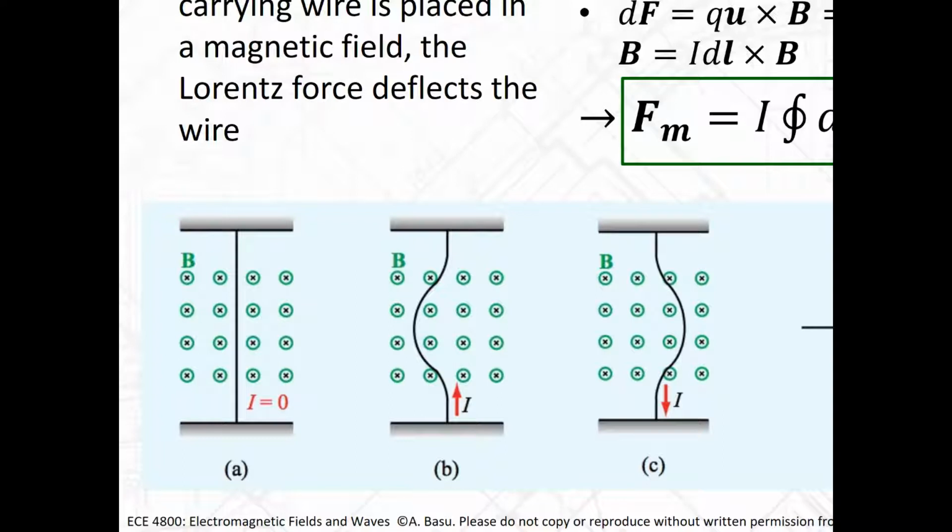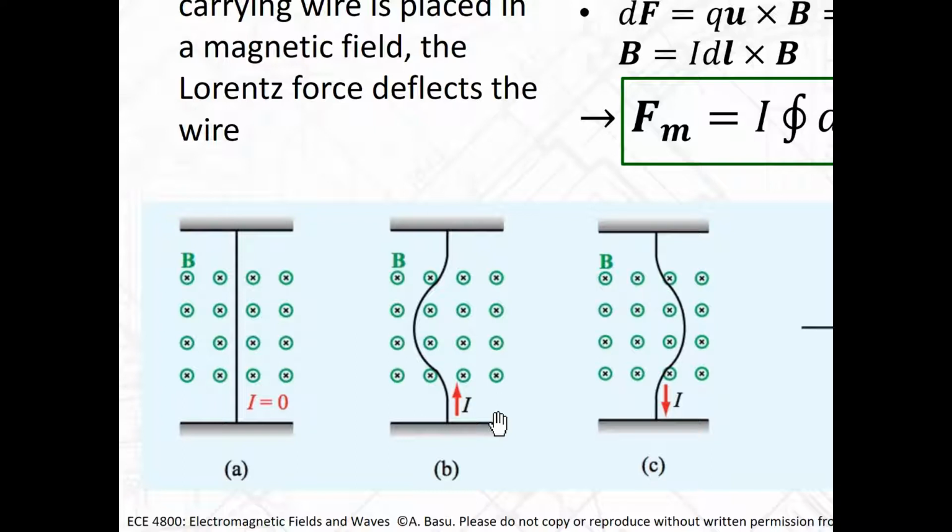So you imagine your index finger pointed upwards, your middle finger pointing into the screen, into the page, and then your thumb is pointing in the direction of the force. So the force is going from right to left, and so that deflects the wire.